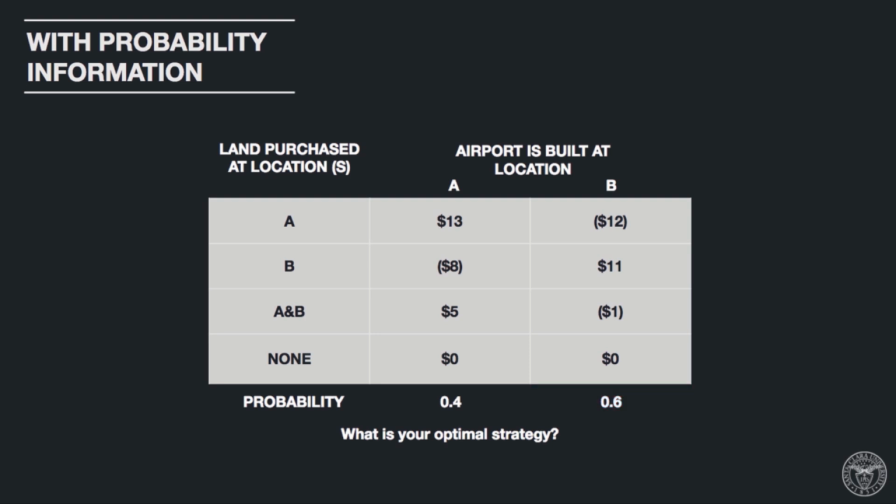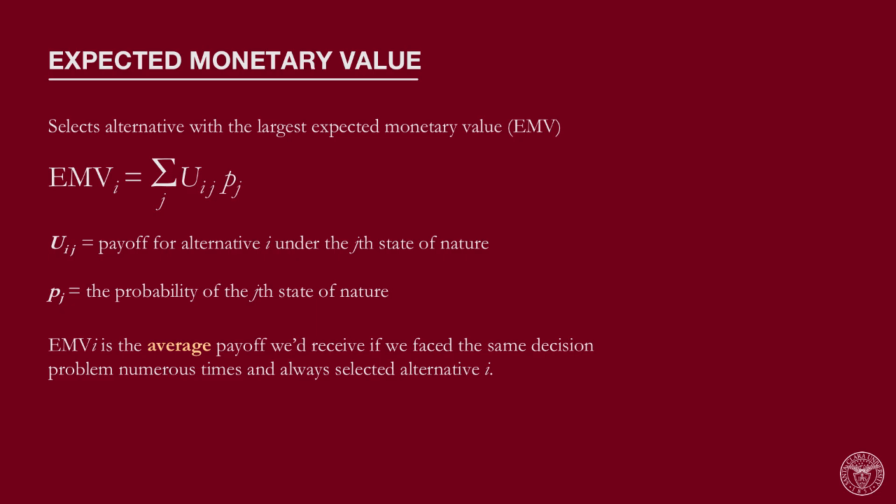So how do we find the optimal strategy based on the probability information? We have one rule we call expected monetary value. In expected monetary value, we find the expected value of the payoff given the probability information we have. In this equation, EMV_i, the expected monetary value of decision i, is equal to the sum of U_ij times P_j. P_j is the probability of state of nature j.